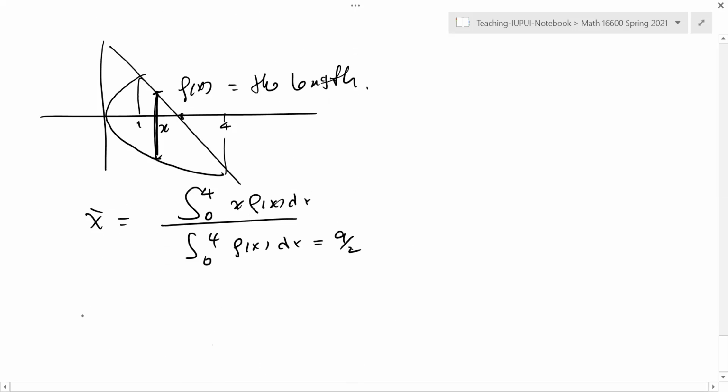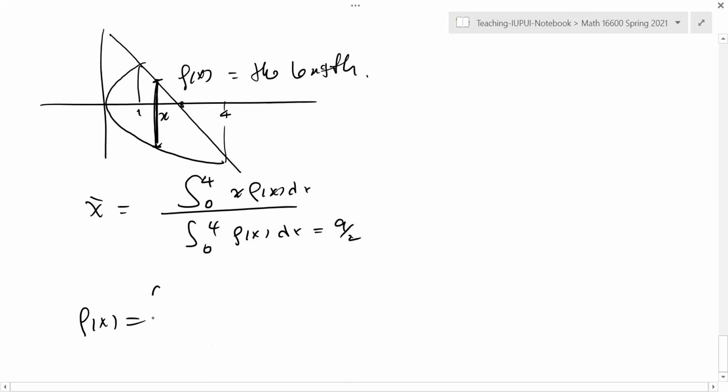The rho of x is a piecewise defined function. You know why? Because there is a critical point when x is between 0 and 1, and that is actually going to be double of this. x is going to be y squared, so y is going to be plus or minus square root of x.